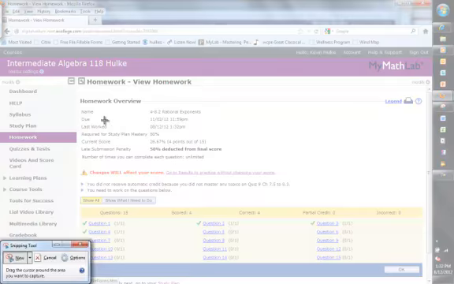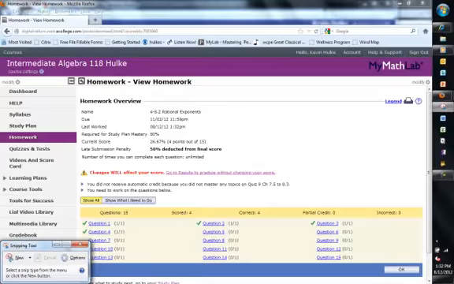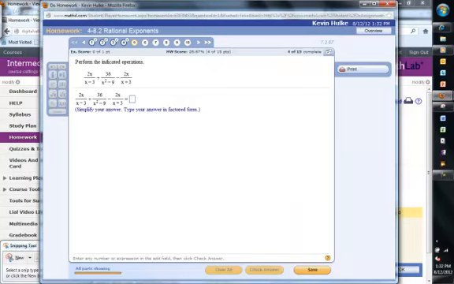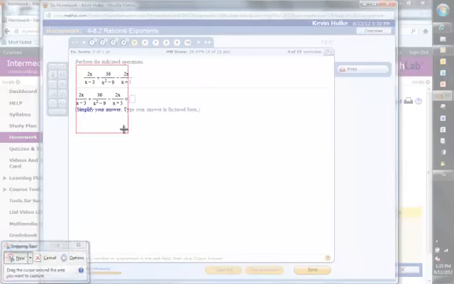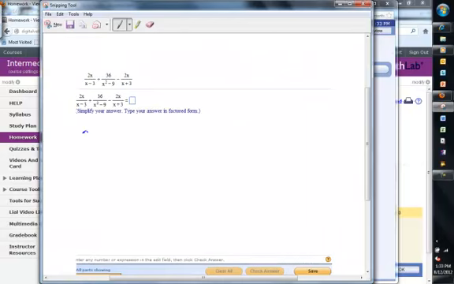This time we've got a common denominator. And when we work our problem vertically, you'll see 2x over x minus 3 plus 36 over x squared minus 9 minus 2x over x plus 3.